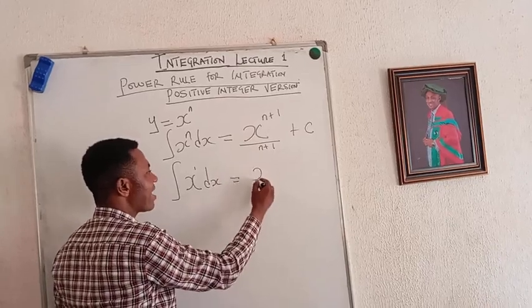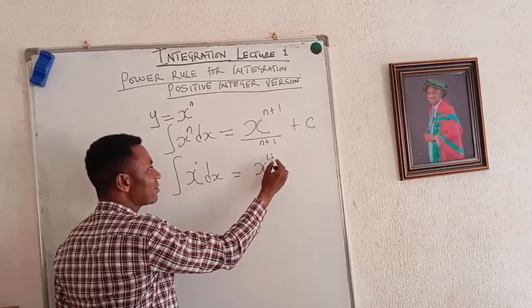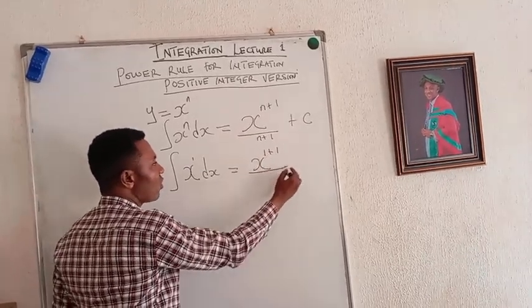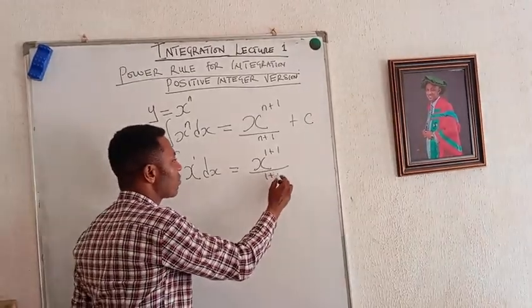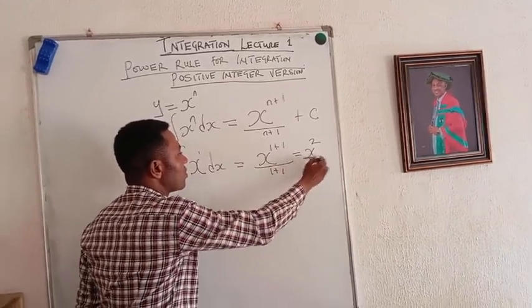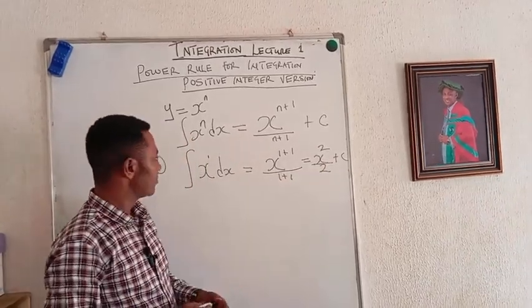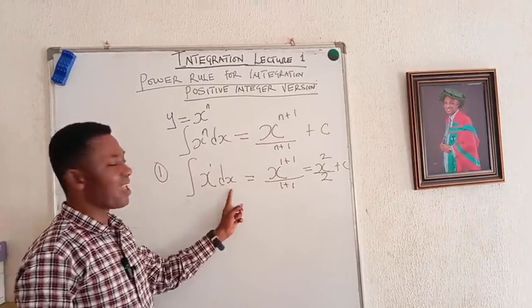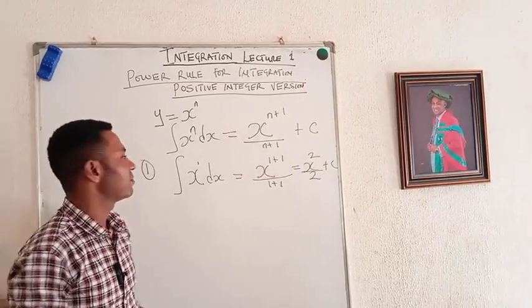It's going to be x, n is 1, so 1 plus 1, all over n, which is also 1, so 1 plus 1. We will now have x, 1 plus 1 is 2, all over 2, then plus c. It means the integral of x dx is equal to x squared all over 2 plus c.